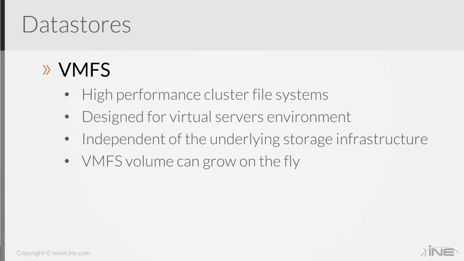The storage capacity for a VMFS data store could come from one LUN or from multiple. VMware's recommendation is that we match one data store to one LUN. In the backend, VMFS could be deployed on directly attached storage, Fiber Channel storage, Fiber Channel over Ethernet, or iSCSI storage.